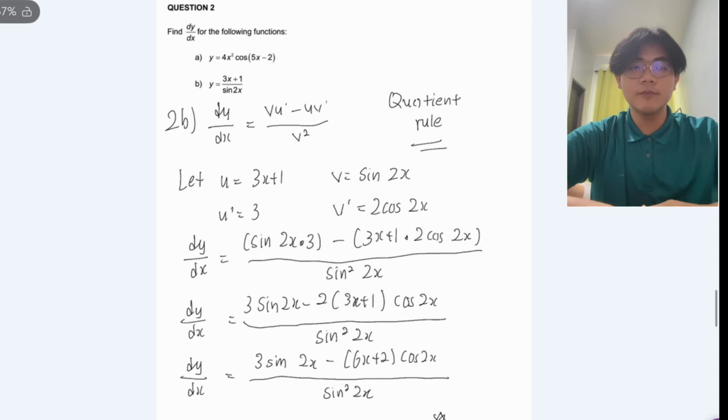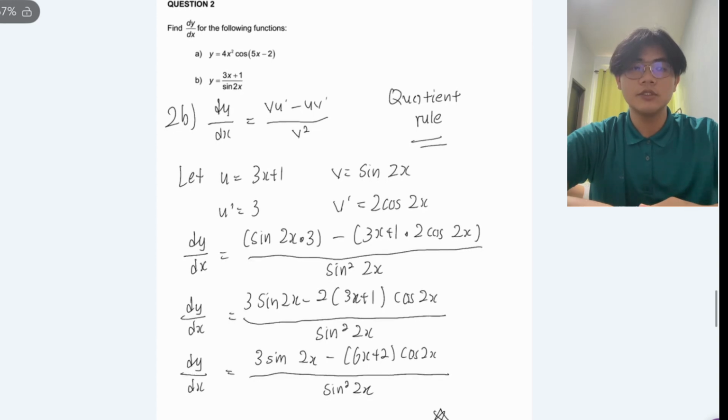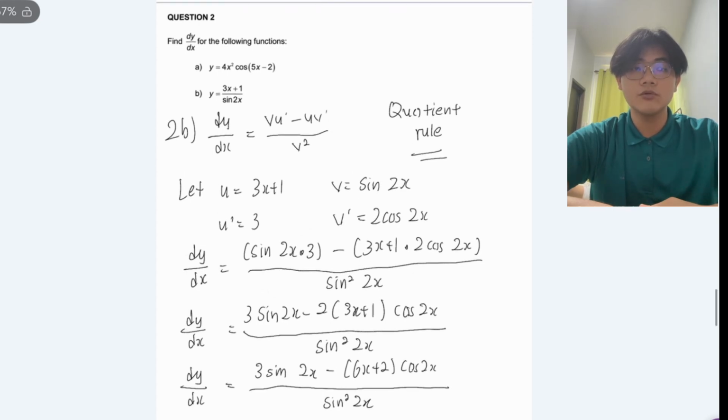Then for the numerator part, we can factorize what we need to, so it will become 3 sin 2x minus 2(3x plus 1) cos 2x. Then we let the denominator remain the same, so it is still sin squared 2x. The final answer is 3 sin 2x minus (6x plus 2) cos 2x over sin squared 2x.